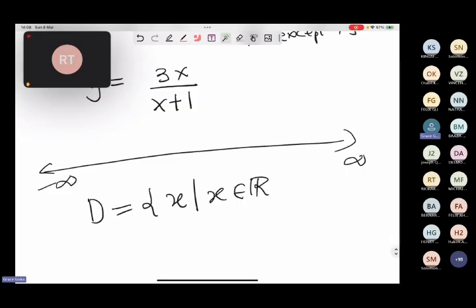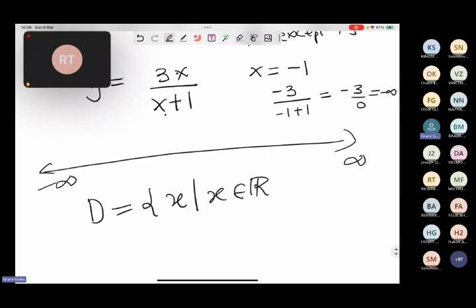Therefore, the only number that we should avoid from minus infinity to positive infinity is the number where x is equal to negative 1. If x is equal to negative 1, the numerator becomes minus 3 divided by, the denominator becomes minus 1 plus 1. We have minus 3 divided by 0. This is undefined.